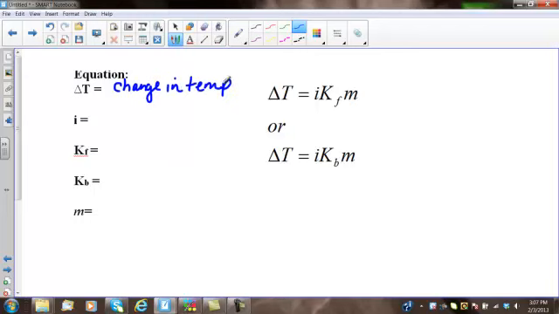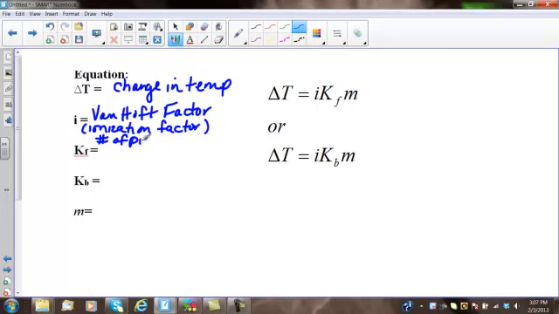Your i is your Van't Hoff factor. Basically, this has to do with the ionization factor, as it's sometimes called, which actually breaks down to the number of pieces.